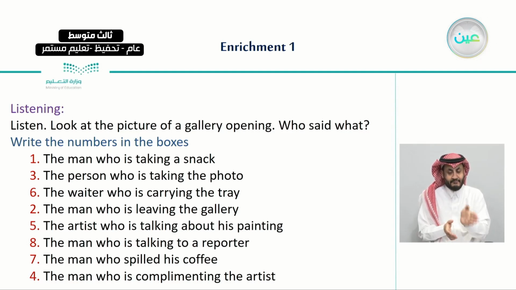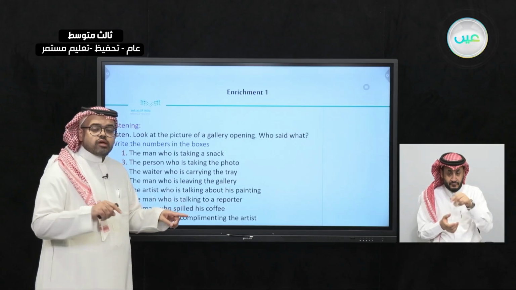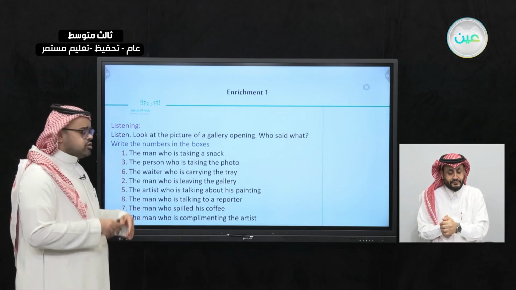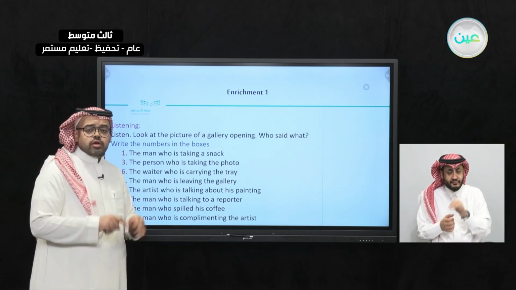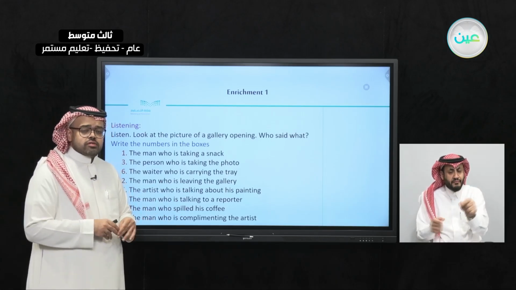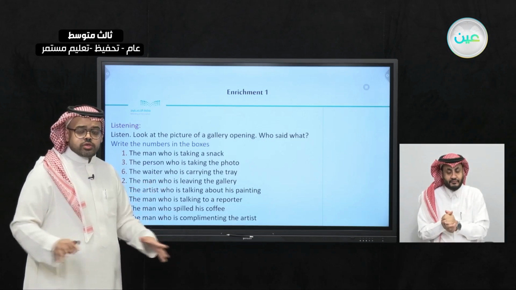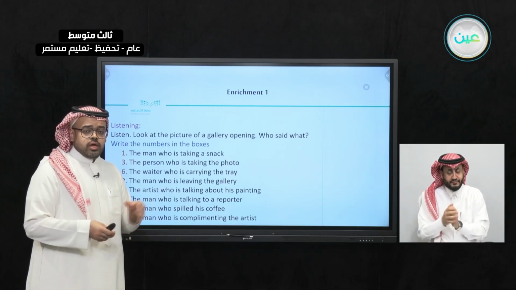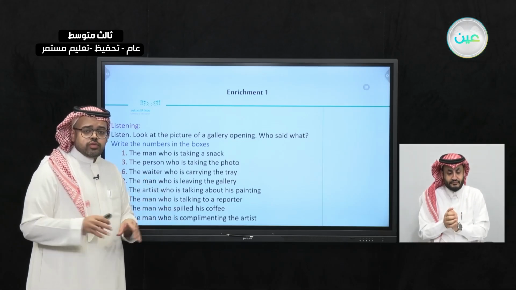After this, we had a listening exercise where we look at the picture of a gallery opening, and we need to know who said what. We have different phrases like this one, and we need to choose the person who said each of these phrases. As we can see in the picture, people are interacting with each other, and each one of them is saying something.